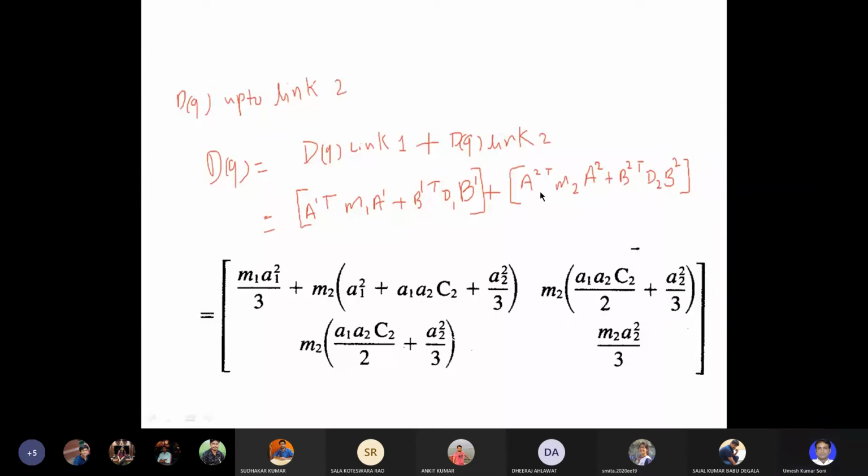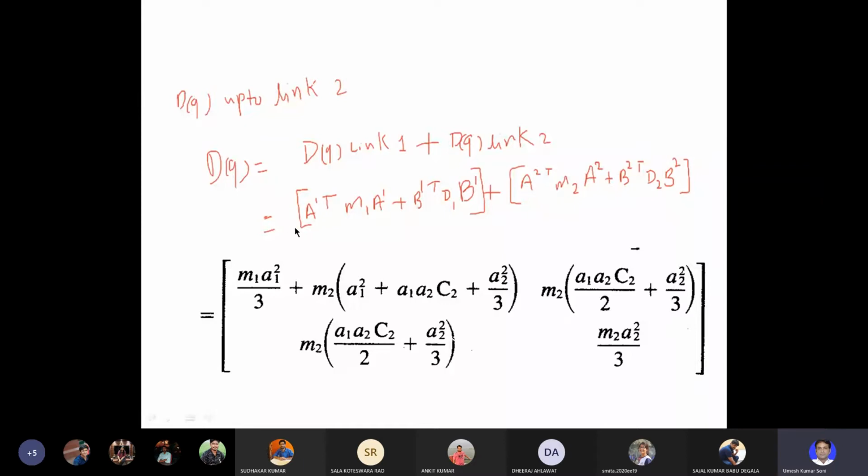So here again for link 2 the dq is a2 transpose m2 a2 plus b2 transpose d2 b2. Here you have calculated the d2, and from the Jacobian you have a2 and b2.